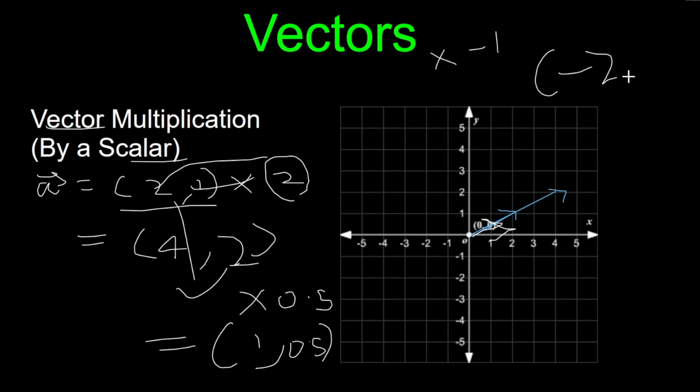It becomes minus 2, minus 1. In this case, the direction is reversed, so it's in this direction. But the direction angle doesn't change, so it remains on the same line. Whenever we multiply a vector by a scalar, the magnitude alone changes and the direction is on the same line or reversed, but the angle of the direction doesn't change.